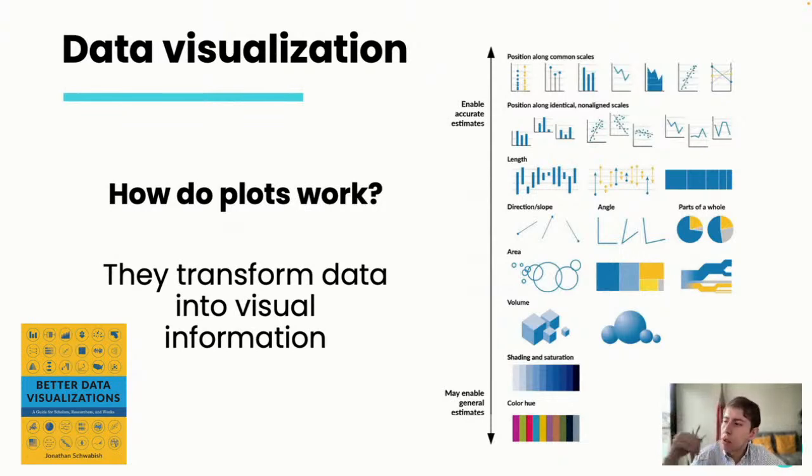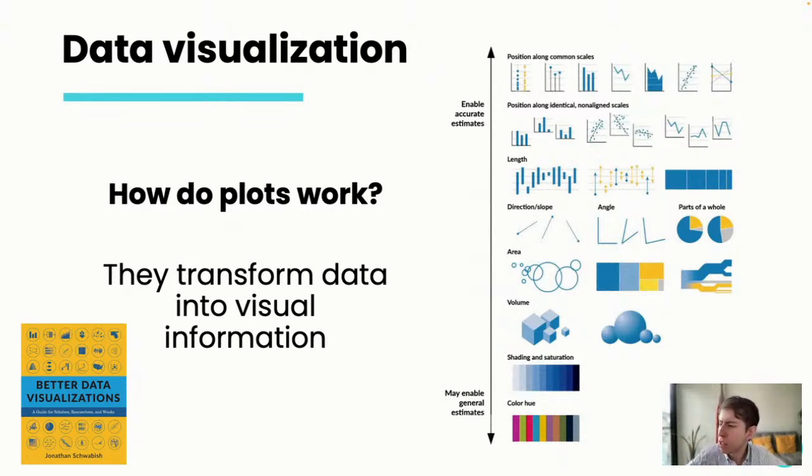There are also some plots that use length, visual length, to transform a numerical variable into some visual thing that you could understand very quickly. There are some graphs that use direction or slope, angle, or parts of a whole. There's a small diagram of a pie chart.